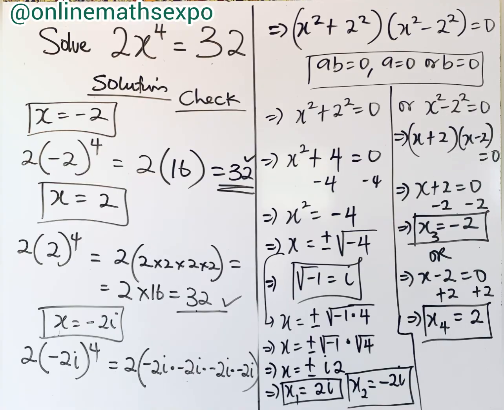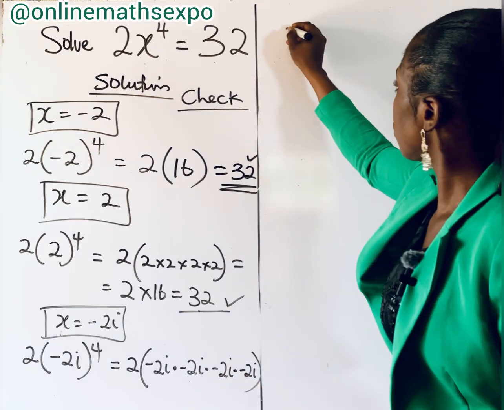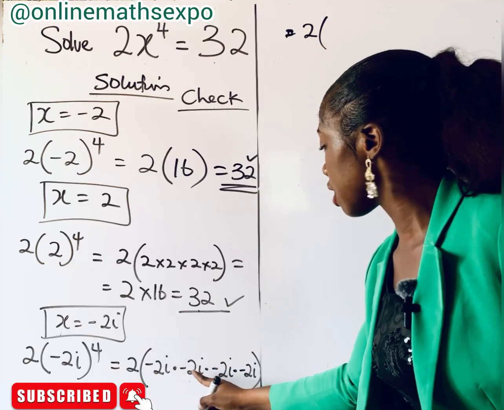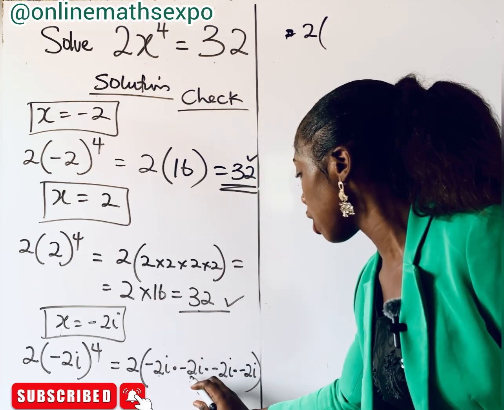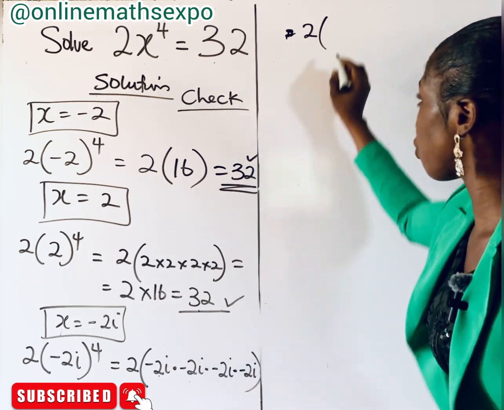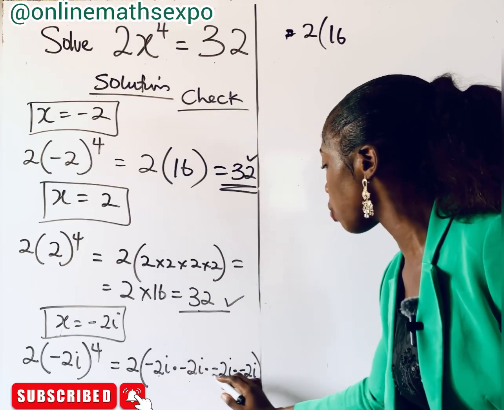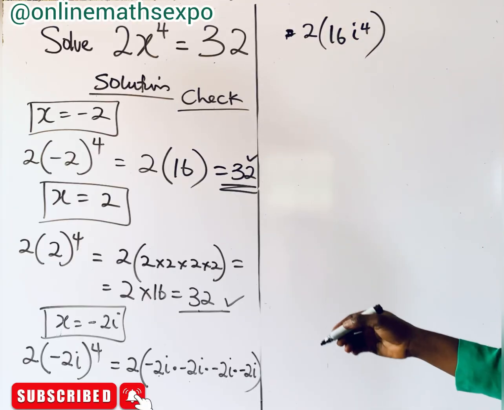So let's multiply it out. This gives us 2 into negative multiplies negative, negative and negative gives you positive. So 2 multiplies 2 by 2 by 2 will give us 16. Now we are going to have i multiplying itself 4 times. So we raise i to the power of 4.